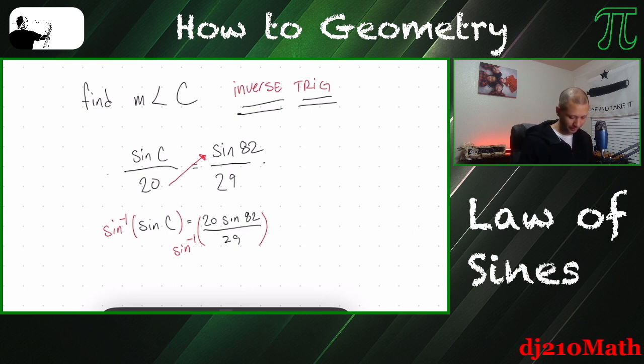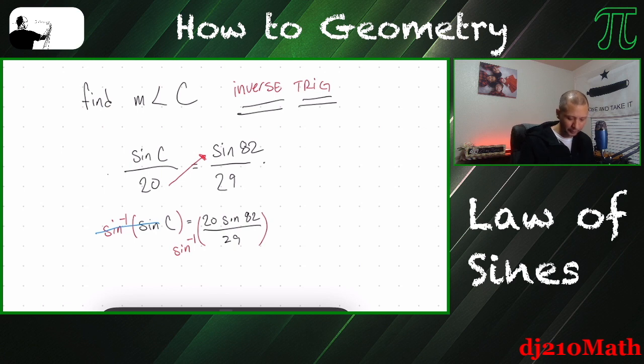On the left-hand side, the sine and inverse sine cancel each other out in the same manner that a square and a square root cancel each other out, right? Once they touch, that's it, they cancel.